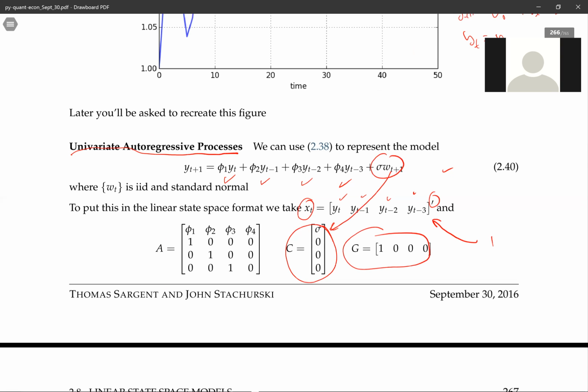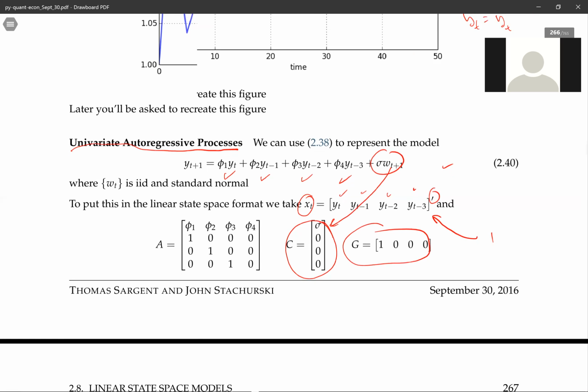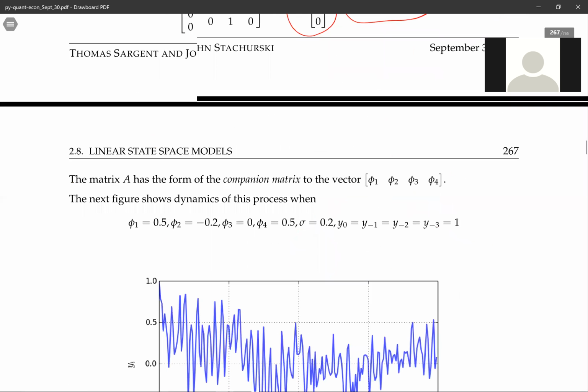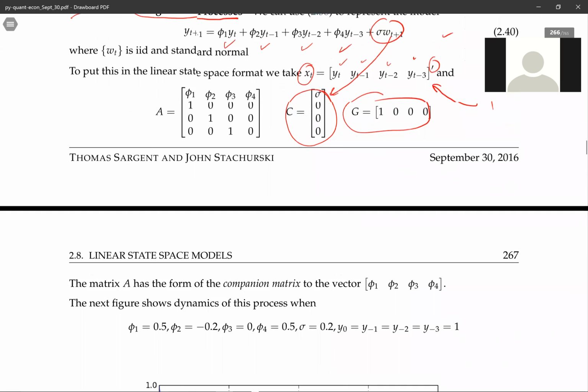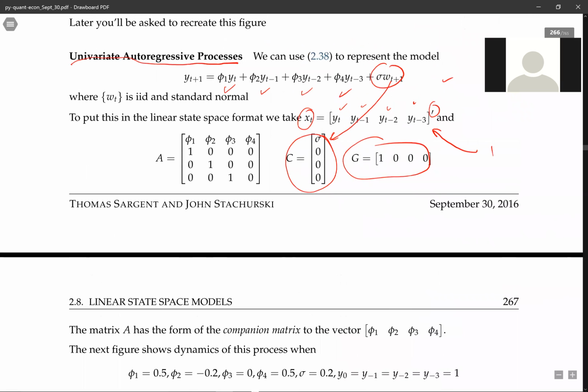What about multivariate processes? By the way, a couple of language points. There's something called a companion form matrix. This matrix has a companion form. You'll notice it's got an interesting form.